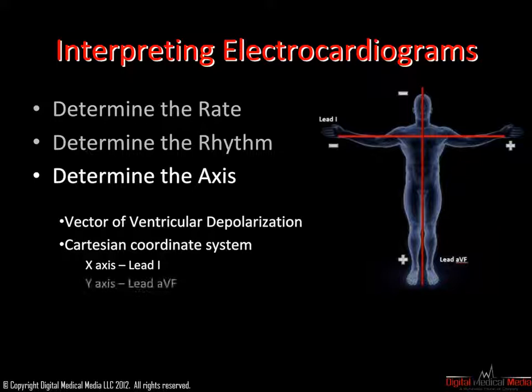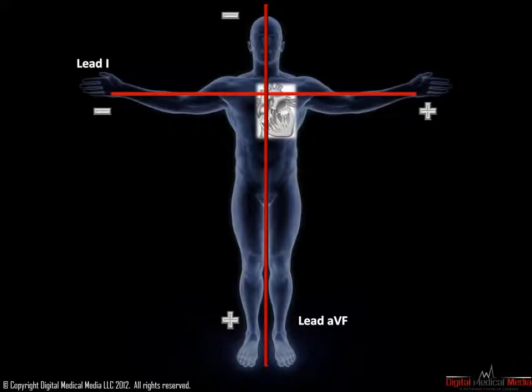The y-axis is lead AVF, because AVF runs vertically from the head to the foot. The only difference is that AVF is positive at the foot. This is the opposite from a standard XY coordinate system. Therefore, leads 1 and AVF are the only leads that you need to evaluate in order to determine the cardiac axis.